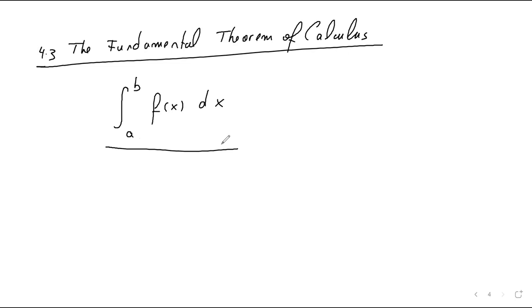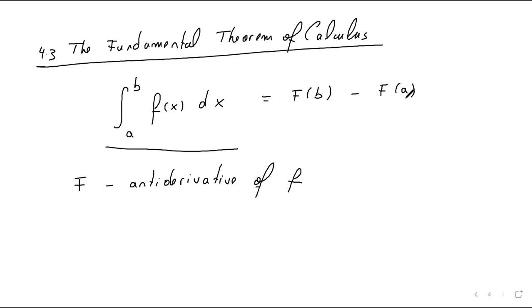The fundamental theorem of calculus says that if you somehow are able to find an uppercase F function, which is an antiderivative of lowercase f, all you have to do is evaluate this antiderivative capital F at b, then evaluate it at a, and subtract the results. So it's that simple.